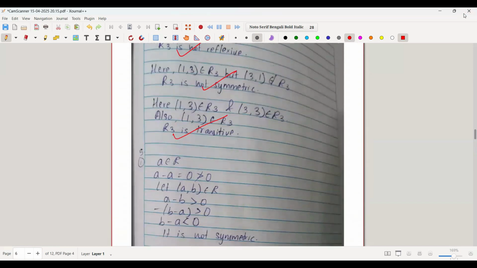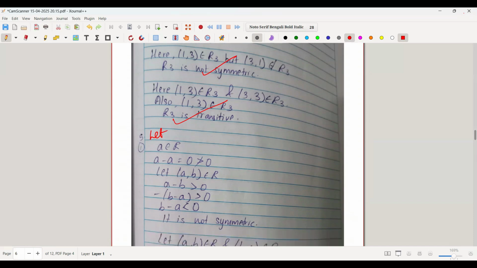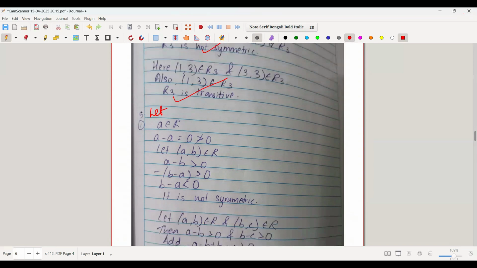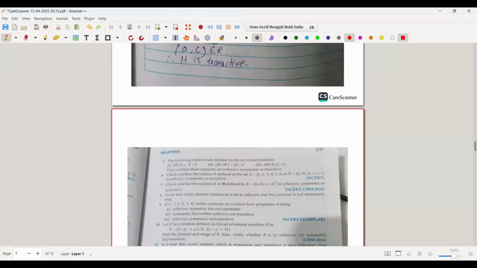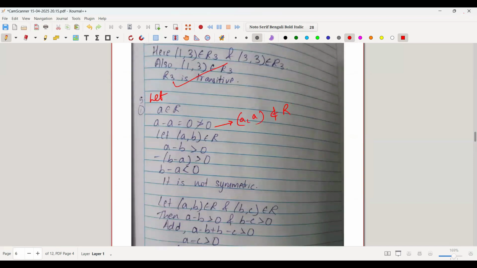Let A belong to R. A minus A, which is 0, is not greater than 0. So it is not reflexive. So A comma A does not belong to R. So R is not reflexive.